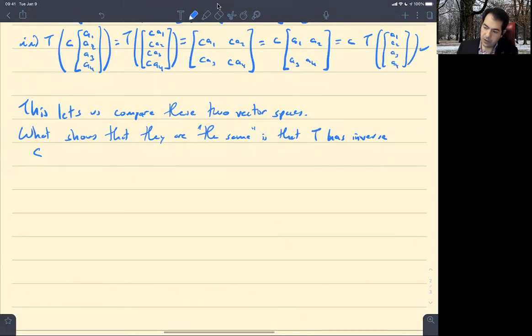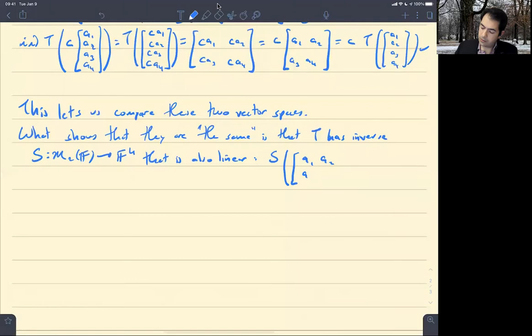Right, so it's an inverse map, S, which goes from 2 by 2 matrices to F4, that is also linear. Right? And that is very easy to write down. S starts with a matrix, entries A1, A2, A3, A4, and returns the column A1, A2, A3, A4.